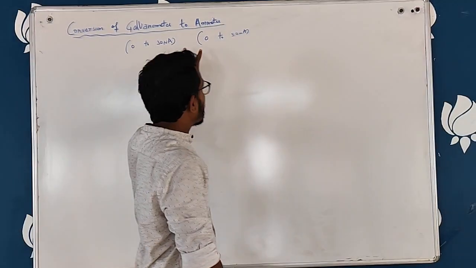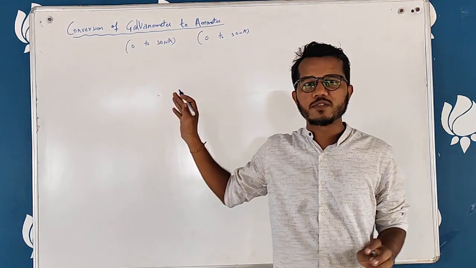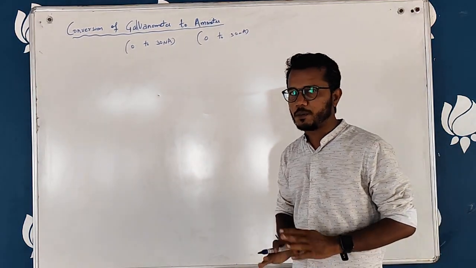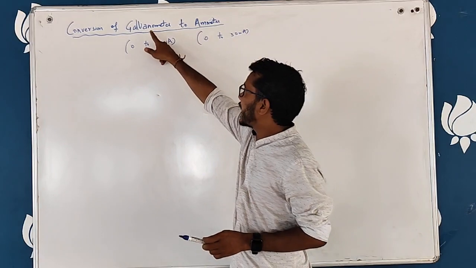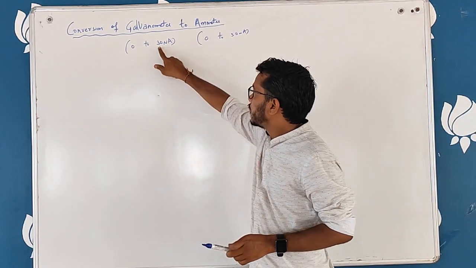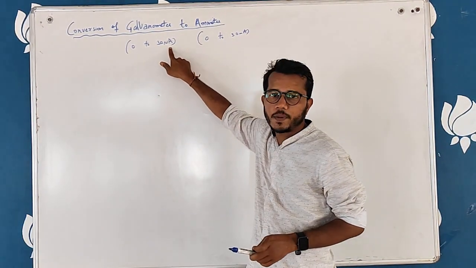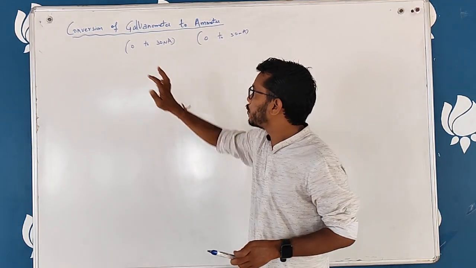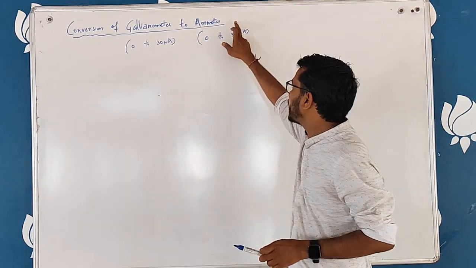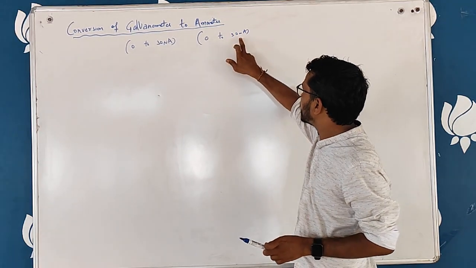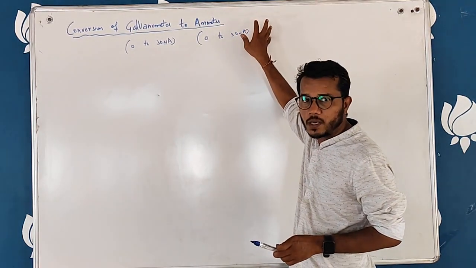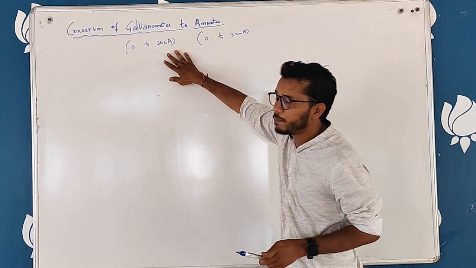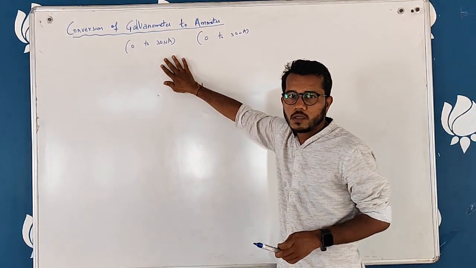These are the ranges of the galvanometer and the ammeter in our experimentation. Micro is a very small quantity of current, and in the ammeter we can measure 0 to 30 milliampere, which is large compared to the galvanometer reading.